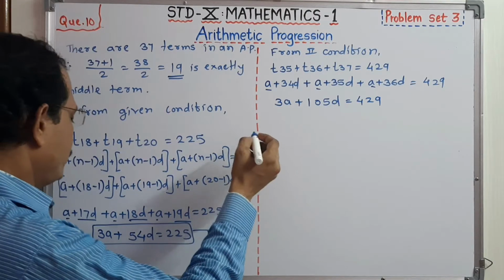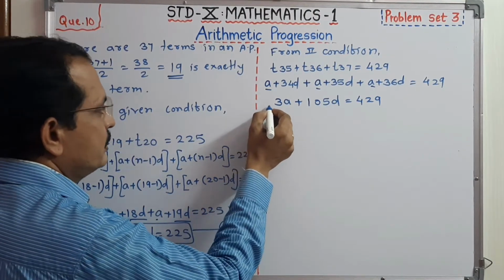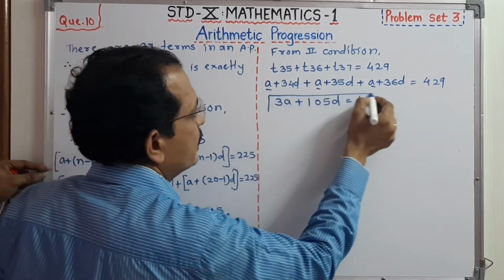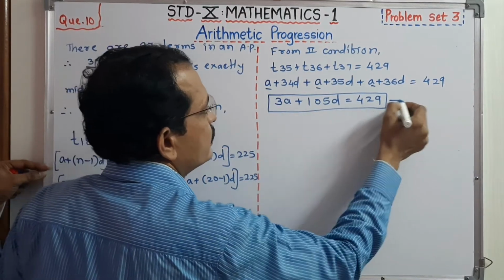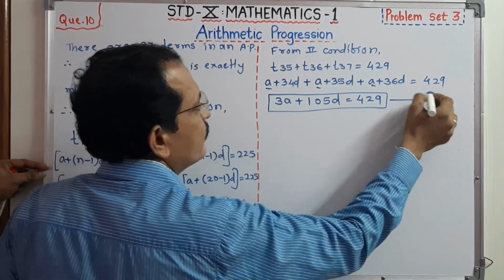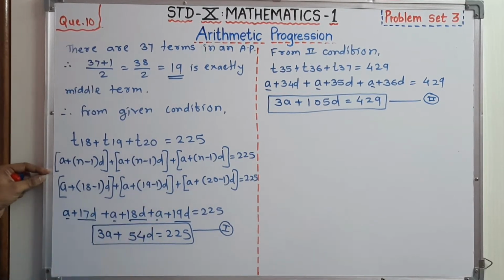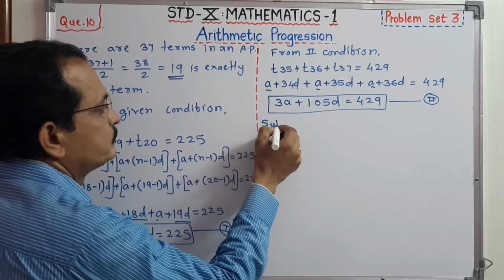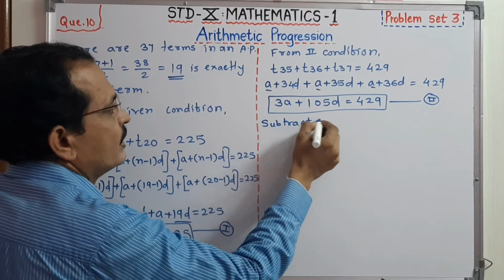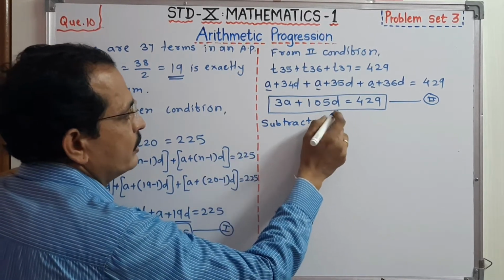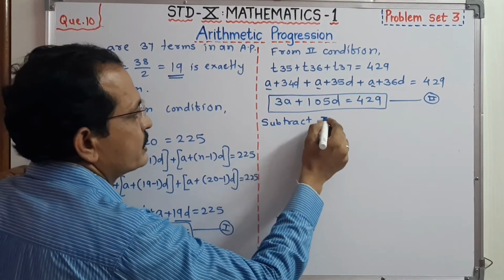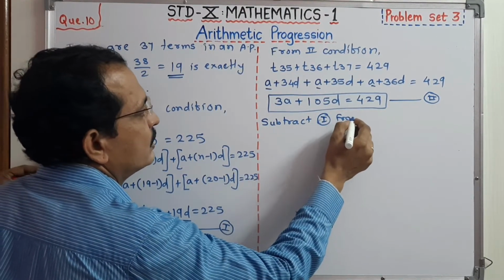Now see here, we got the second equation, 3a plus 105d is equal to 429. Now we have to solve this. For that purpose, what do we have to do? Subtract the first from the second.